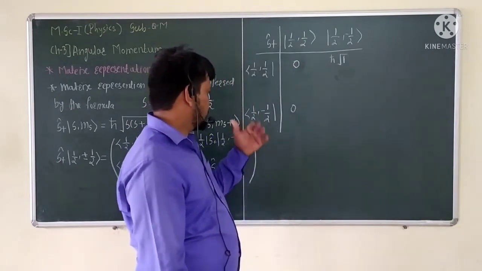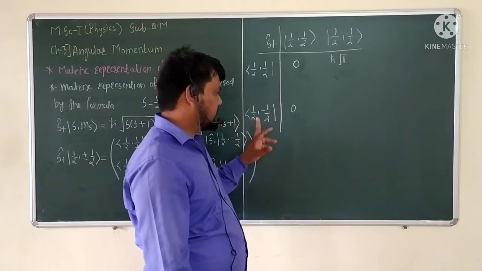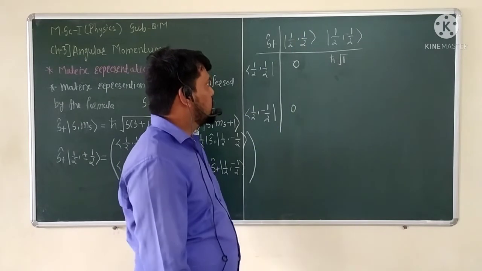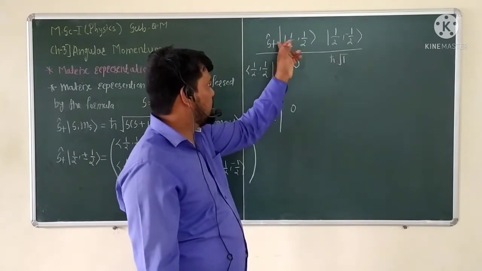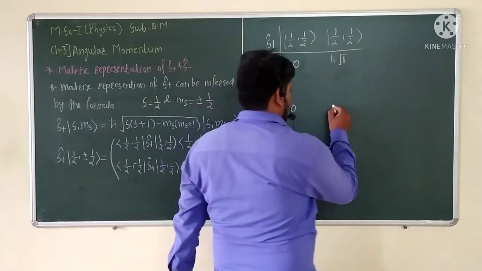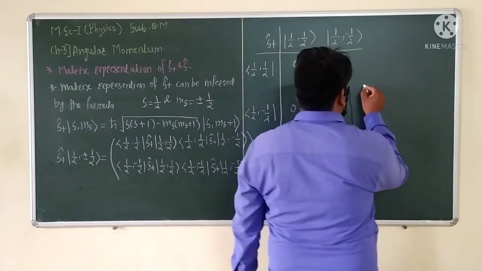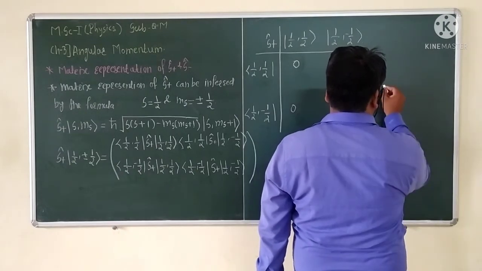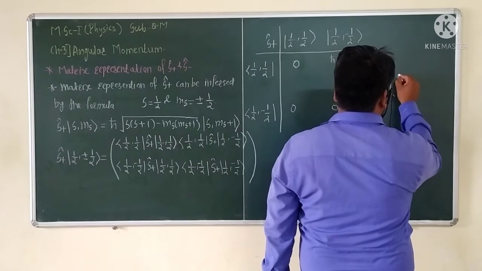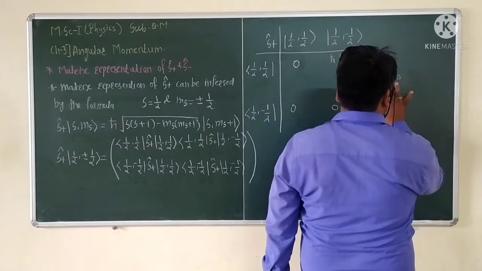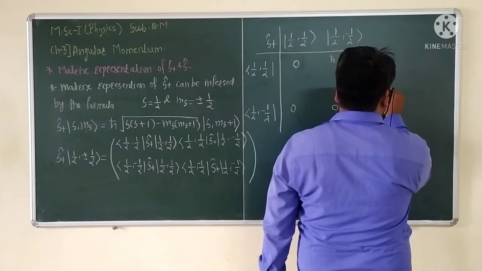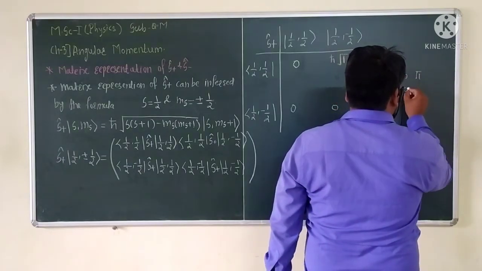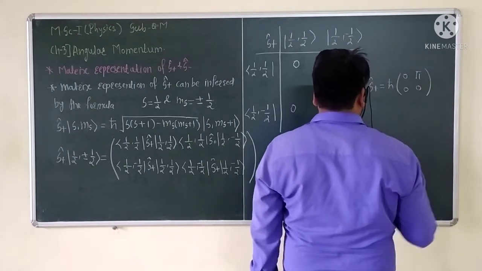And the bra of half, minus half with the ket of half, minus half, where S plus operates, is also 0. So ħ is taken outside, giving ħ times the matrix 0, root 1, 0, 0, and root 1 is 1.